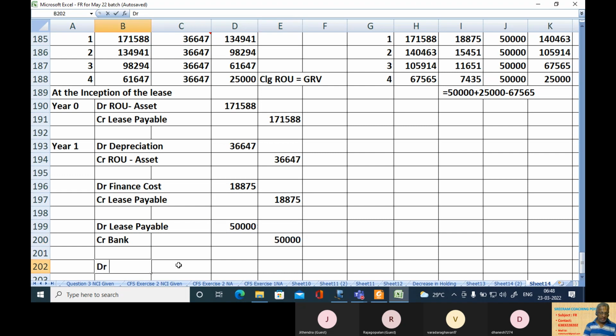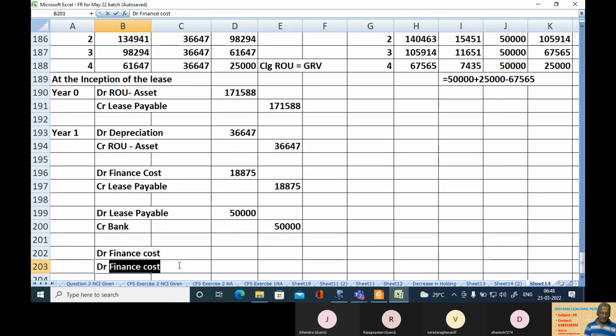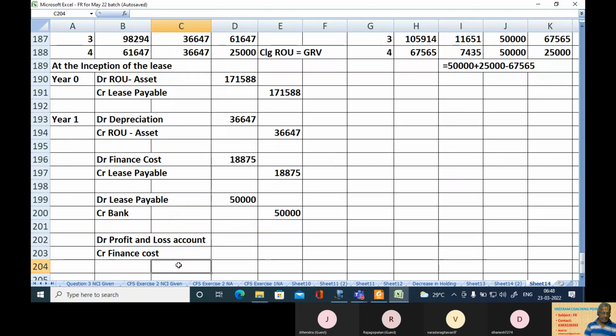Then debit finance cost. Debit, I'm sorry. Debit profit and loss account. Credit finance cost and credit depreciation.